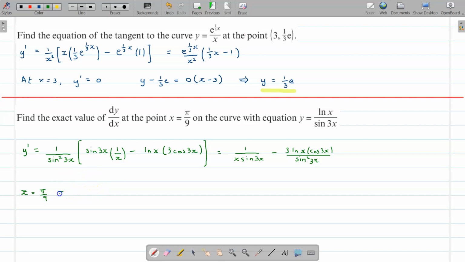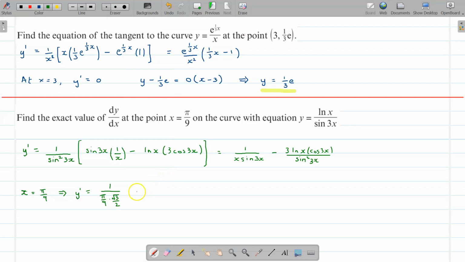So that implies that y dash is equal to 1 over, now we've got underneath here pi by 9, that's x, and sine of 3 pi by 9 is sine of pi by 3, which is the sine of 60 degrees, if you like, which you should know is root 3 over 2. Okay, root 3 over 2.